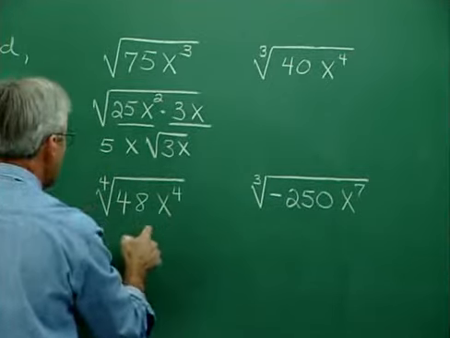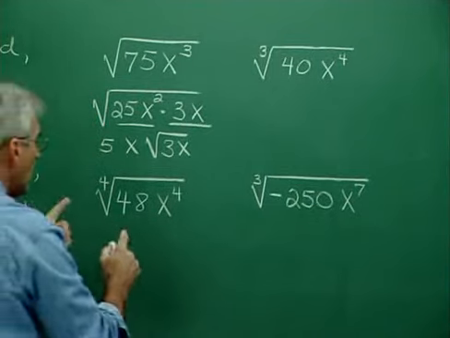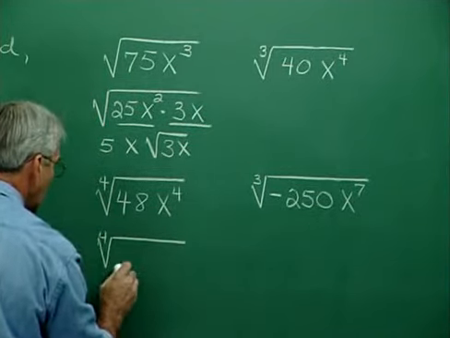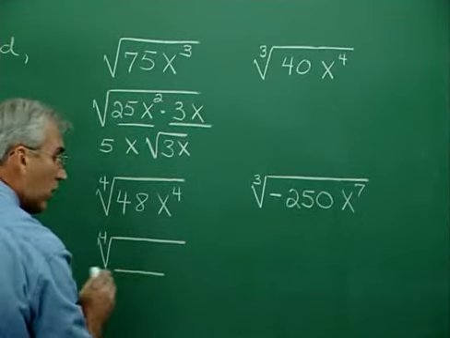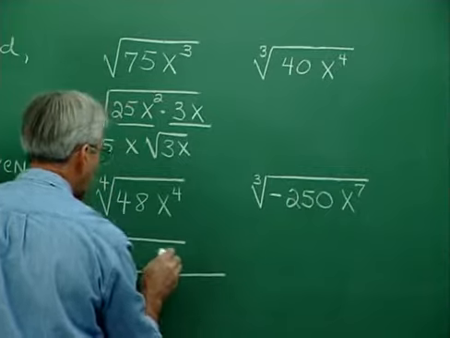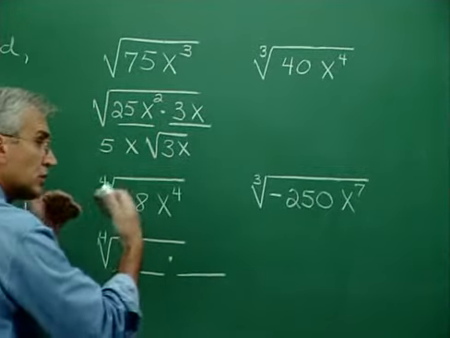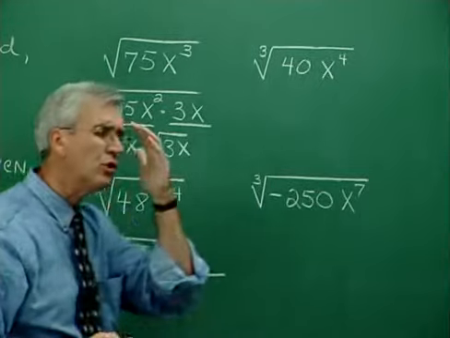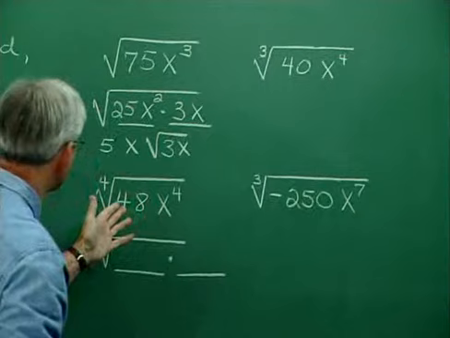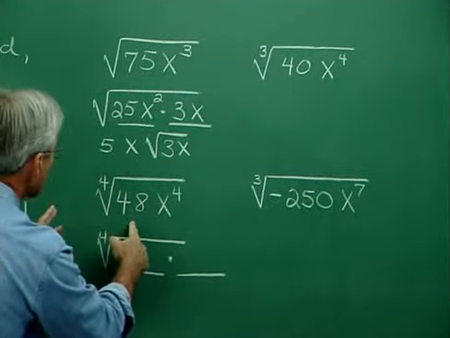Here, the same idea. 4th root of all of this. We want to separate this into things to the 4th power times leftover things. Now let's see, I see that this is even. Maybe this has something to do with 2 to the 4th power. Let's see, 2 cubed is 8, 2 to the 4th is 16. Okay, is 16 somehow in here? Well, is this 16 times 3?